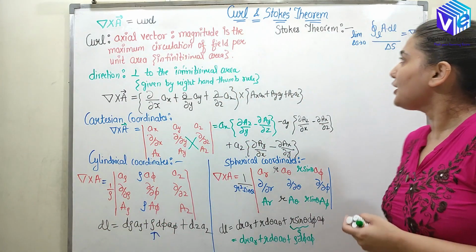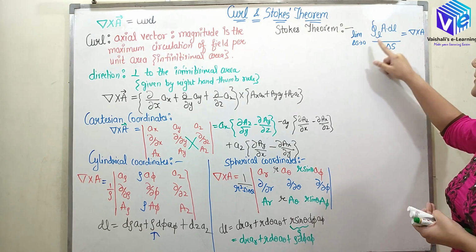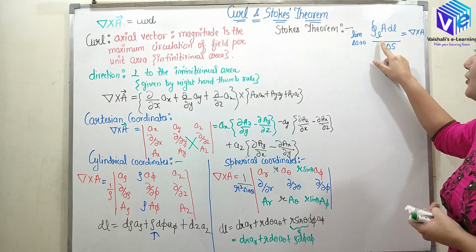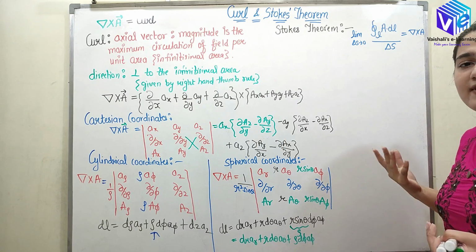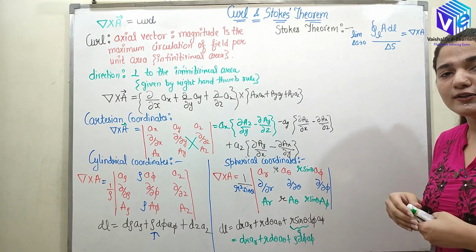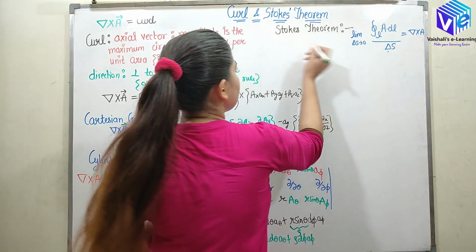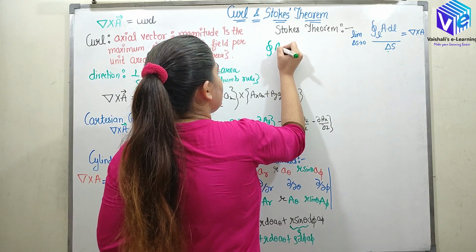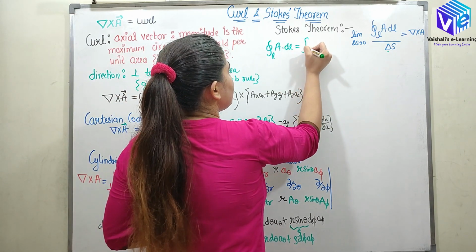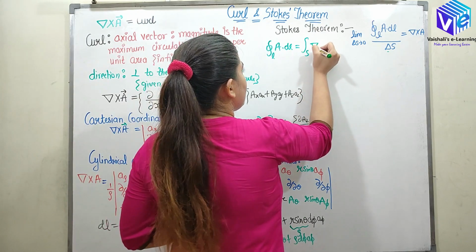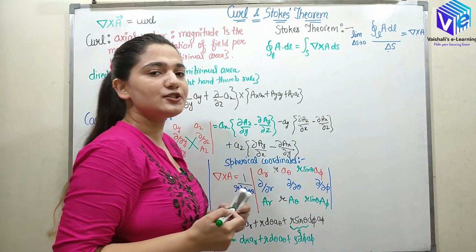So now here you can see, if I take this del S this side, what can happen? It will be giving me the integration over the closed path A dot dl for the small area. So now if I have to take it for the full area, I have to integrate this small area. So now I can represent this equation as integration over the closed path A dot dl equal to integration over the surface del cross A dot ds, and actually this is the Stokes theorem.